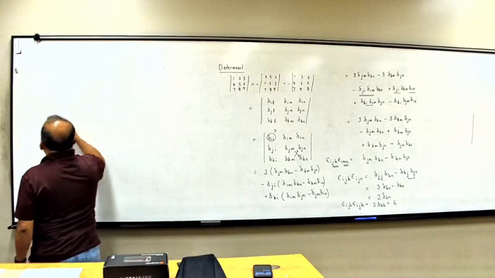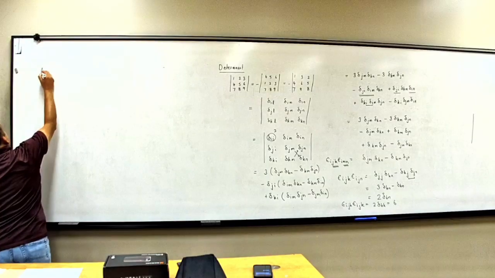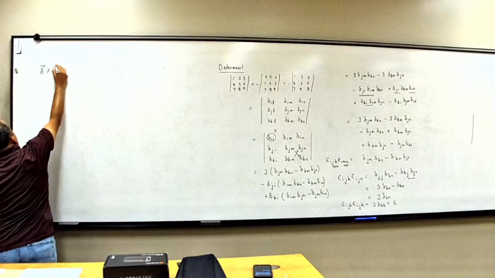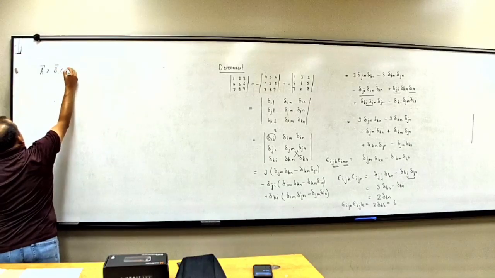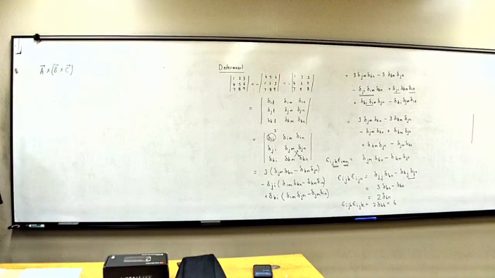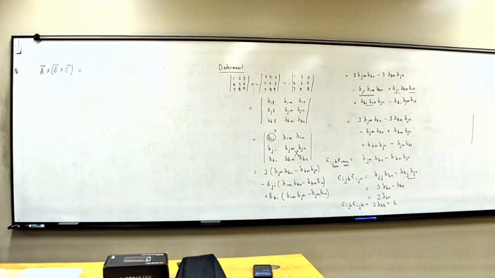Okay, so let's think of a vector triple product. A crossed with B crossed with C. What is that equal to? Anyone remembers all of that? Back cab, very good.